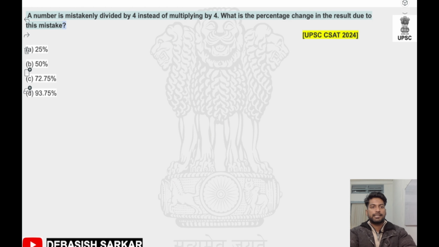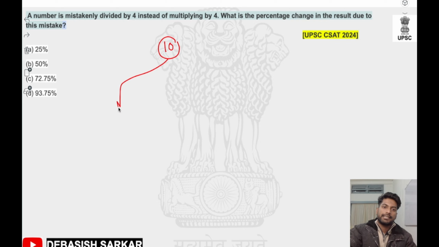Okay, a number is mistakenly divided by 4 instead of multiplying by 4. Okay, nice question. Instead of multiplying by 4, just think the number is 10. So what they did, just take a number that can be divided by 4. So just think the number is 8 or 4.